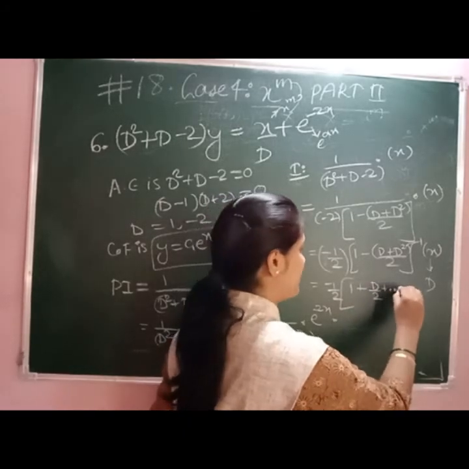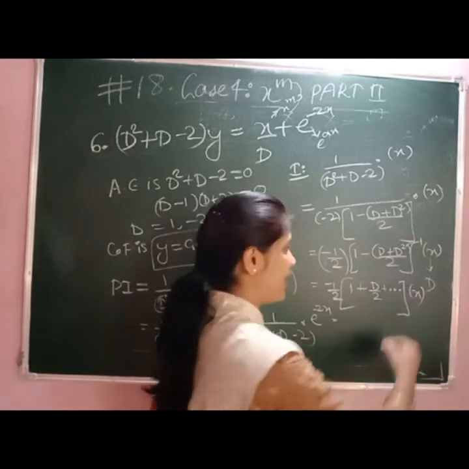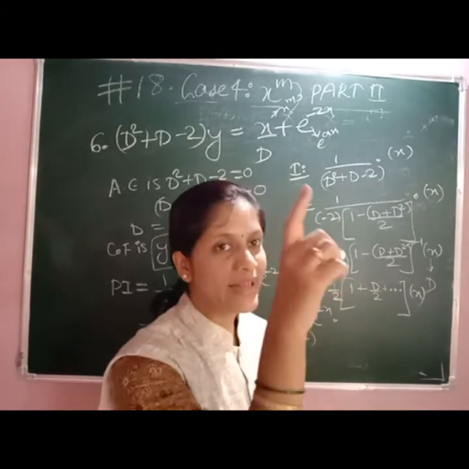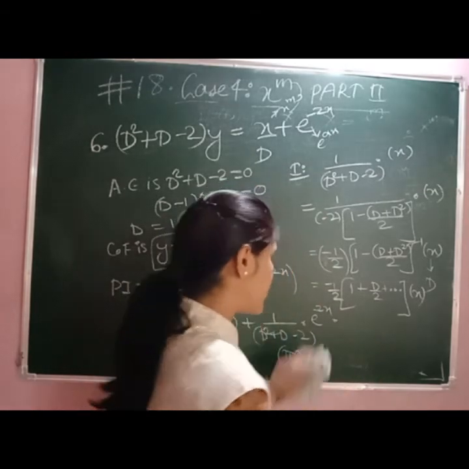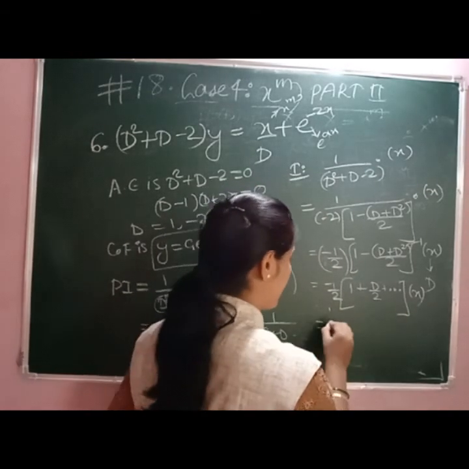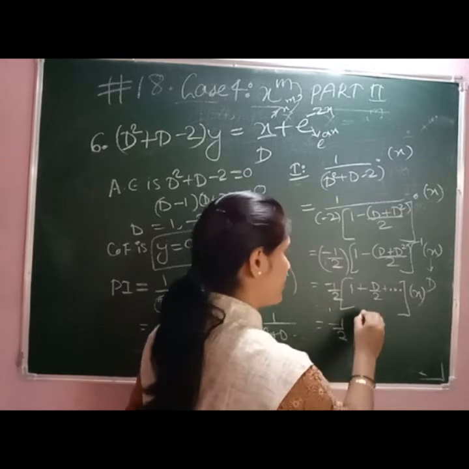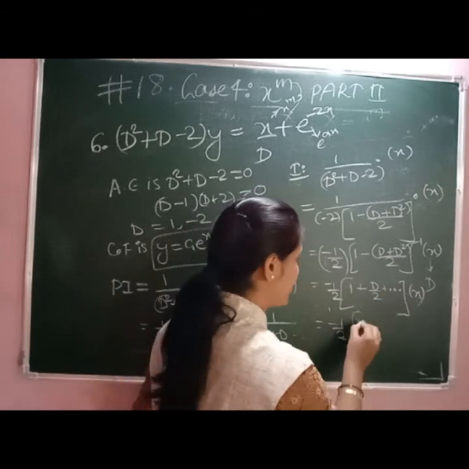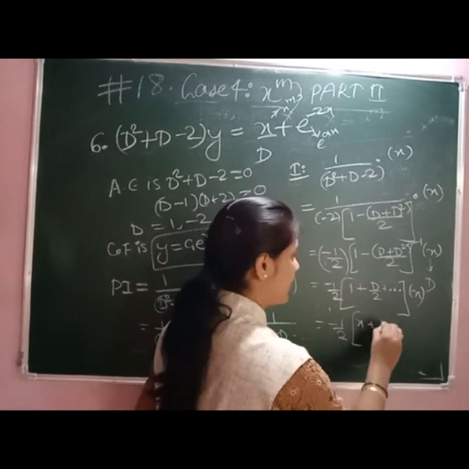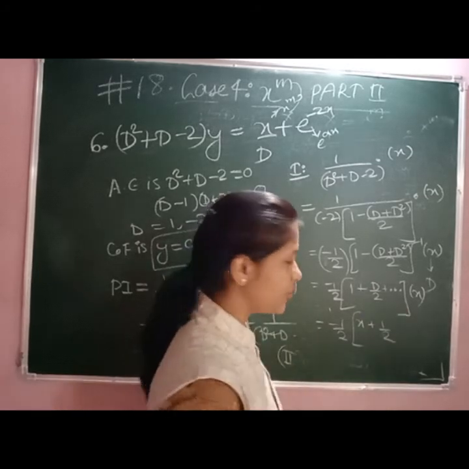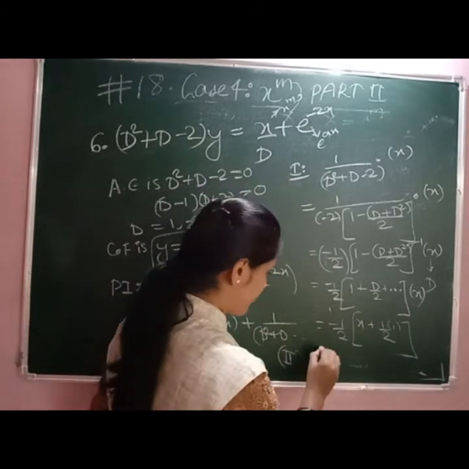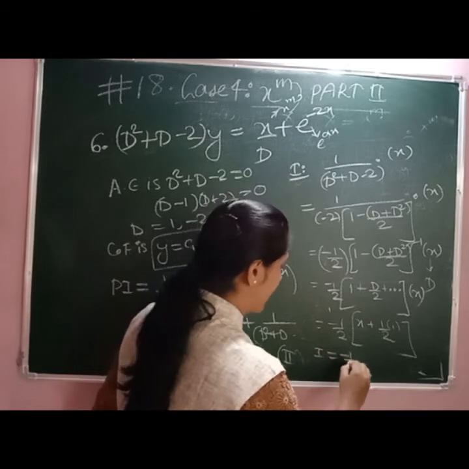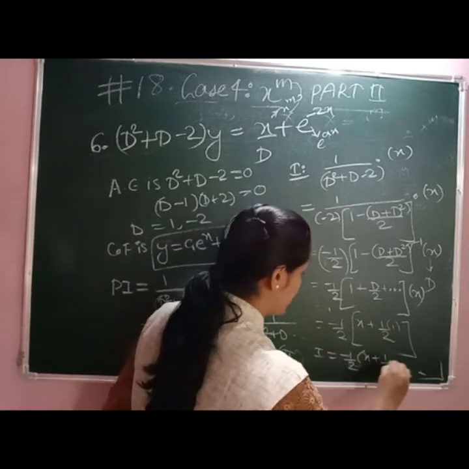Plus dash dash, but we stop here, because all those values are nothing but 0. So we get −1/2 [1 + D/2] of x. What is 1 into x? x, plus 1/2 as it is, the differentiation of x, which is 1. So this is our first one: −x/2 + 1/2... that is, −(1/2)x + 1/2.